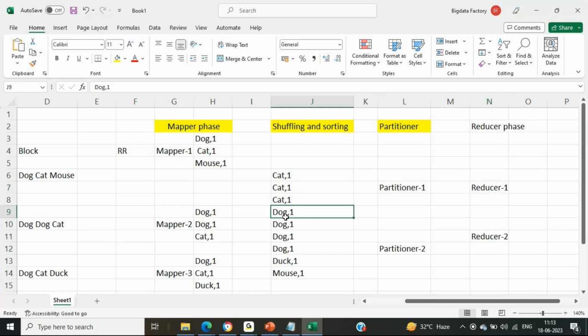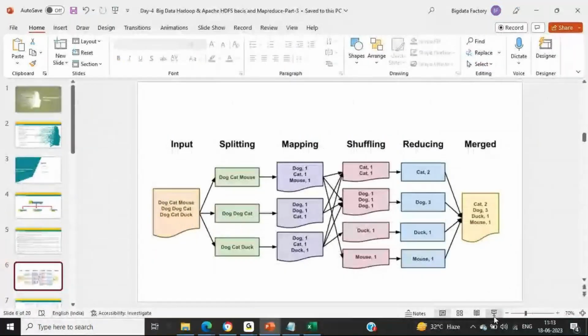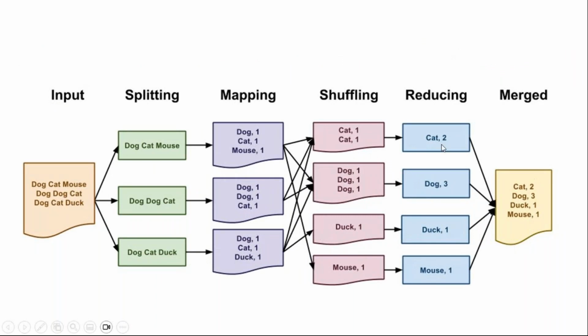If dog is given to reducer 2, all the dog data from all the mappers will go to reducer 2 only. You are able to see here that all the cats are available over here, dogs over here, duck over here, mouse over here.